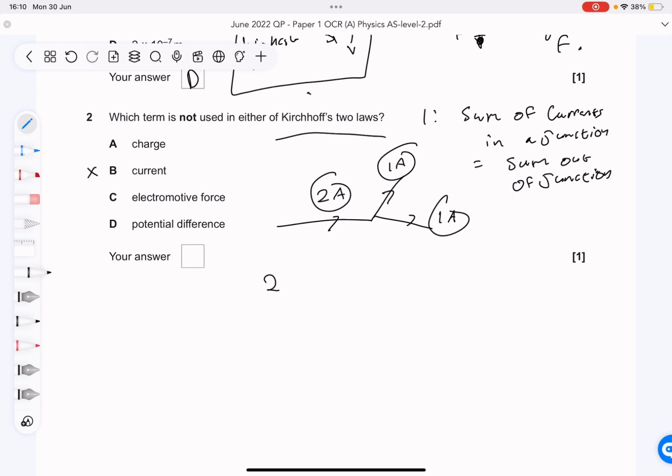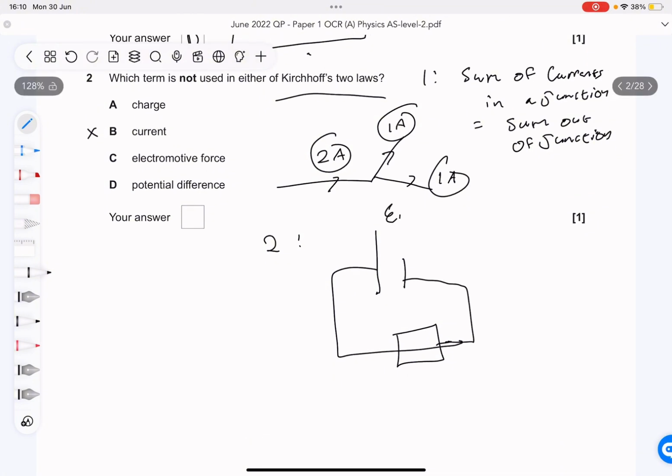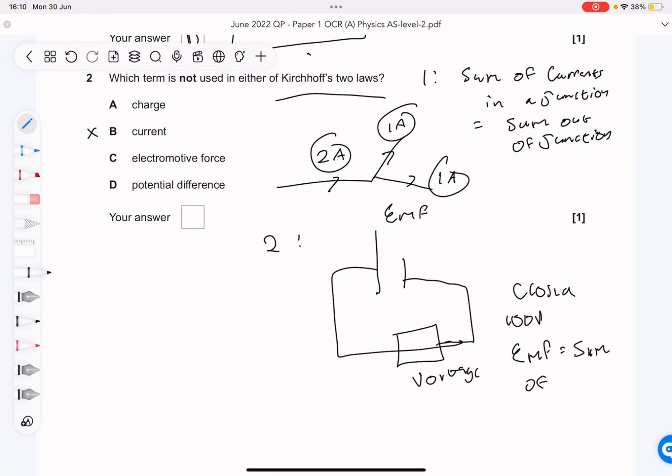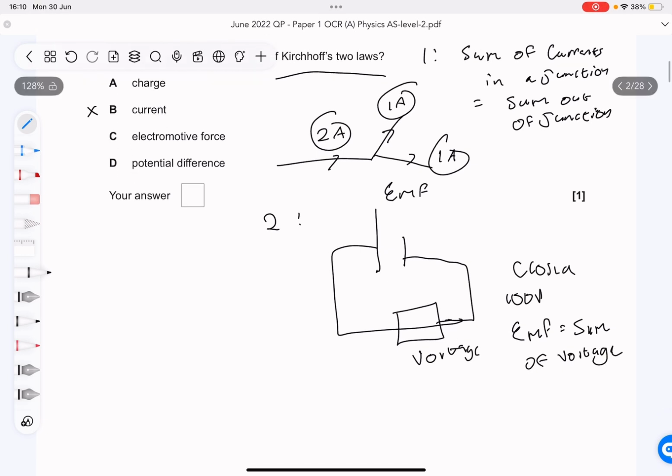Now, the second law of Kirchhoff, if I draw a little circuit to demonstrate this, with some kind of resistor there. The EMF equals the sum of the voltages in a closed loop, and that's for any closed loop in a circuit.